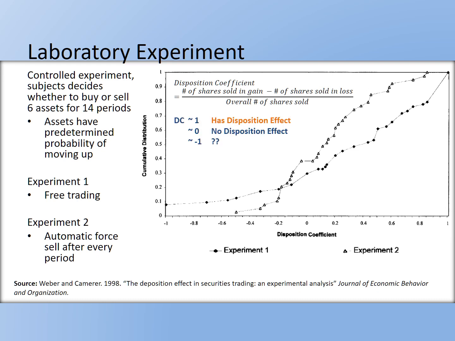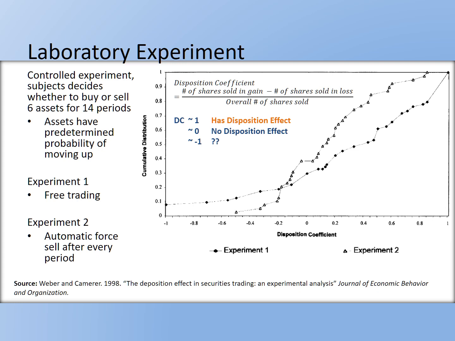Okay, how do you interpret it? If the coefficient is about 1, what does that mean? How do you get a disposition coefficient about 1? You get a coefficient about 1 when the number of shares sold in gain is very close to the overall number of shares sold, right?